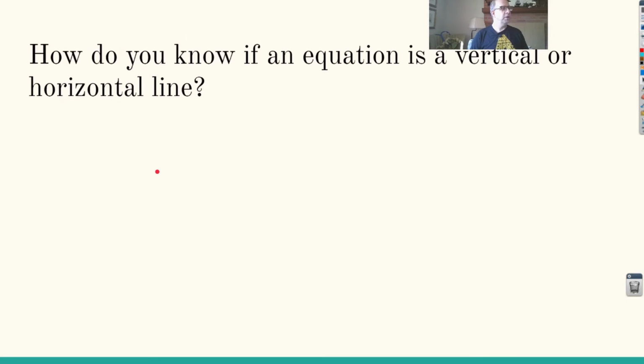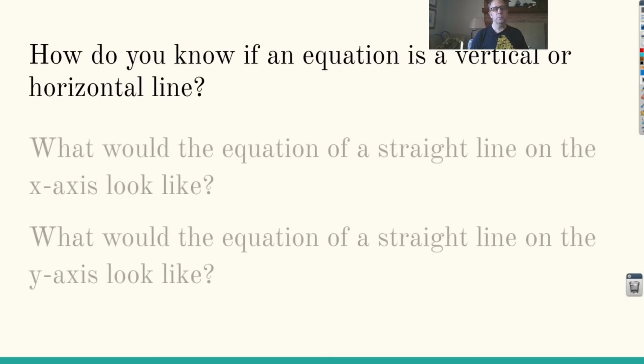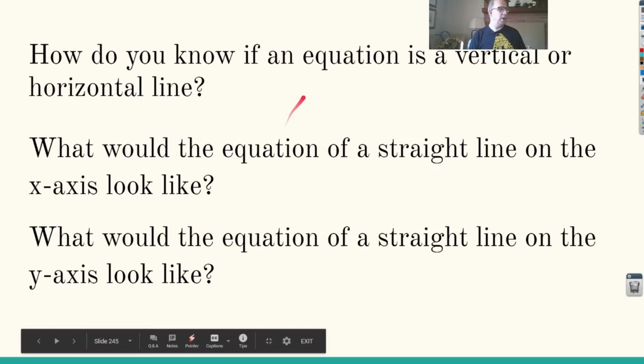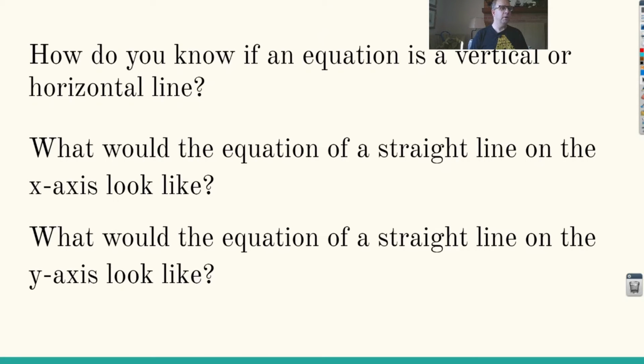How do you know if an equation is a vertical or horizontal line? Think about that for a second. What would the equation of a straight line on the x-axis look like? What would the equation of a straight line on the y-axis look like? So we have our graph paper. X goes across, y goes up.